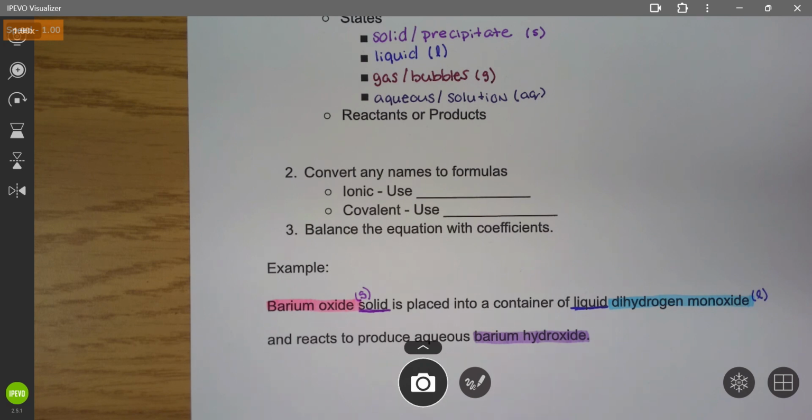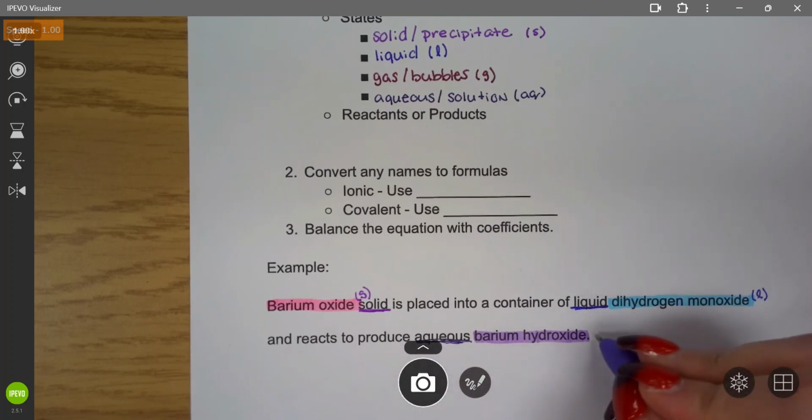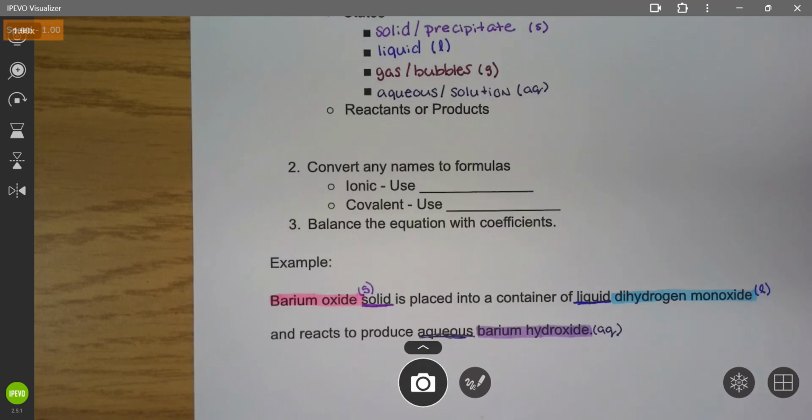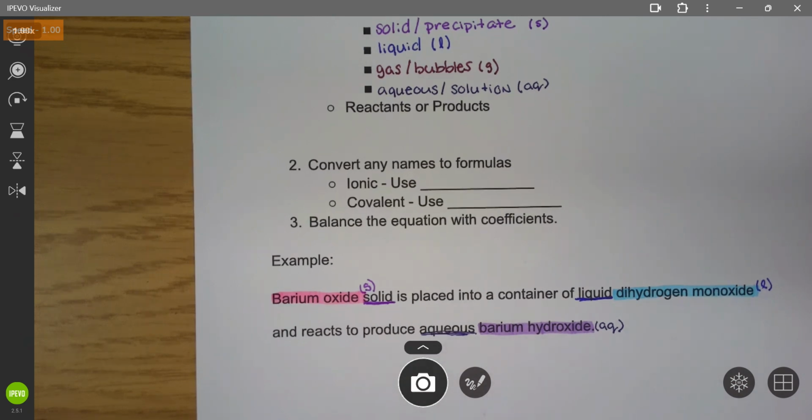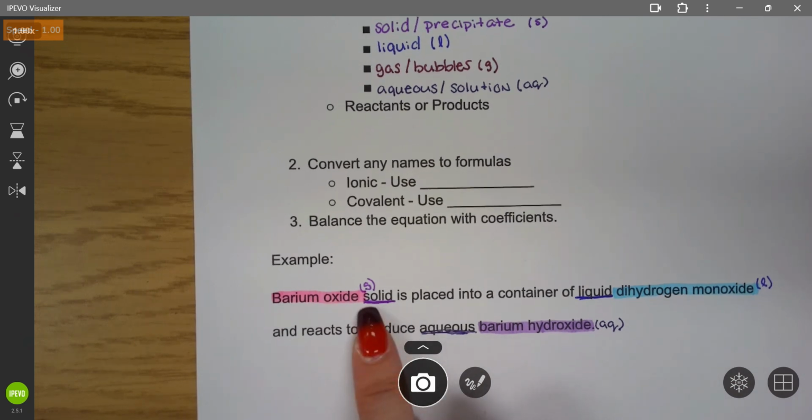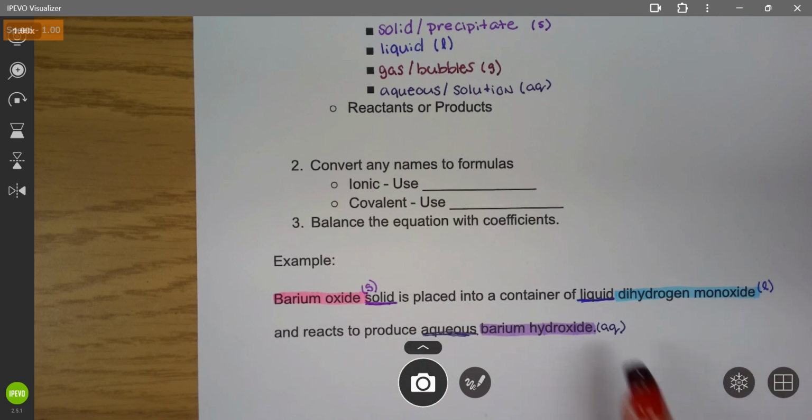Now, I do see that word aqueous here, meaning that our last substance, barium hydroxide, is in the aqueous state of matter. So now what we've just done is we've looked at our different compounds that we identified, barium oxide, dihydrogen monoxide, and barium hydroxide, and identified their states of matter: solid, liquid, and aqueous.